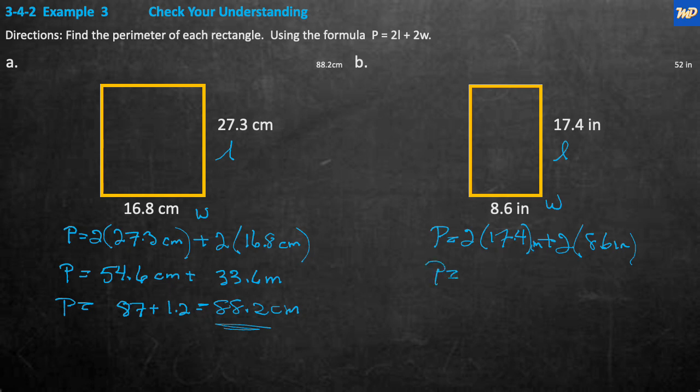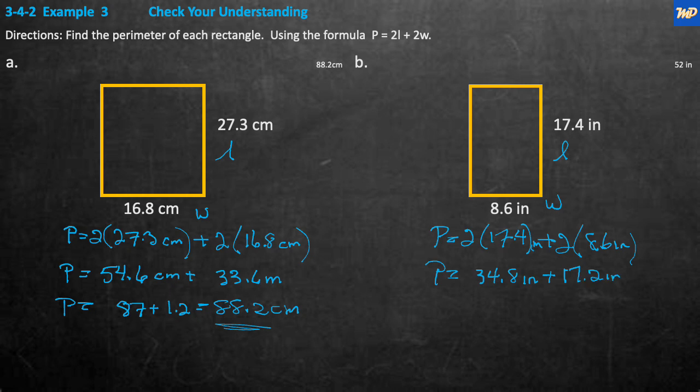P equals 2 times 17.4. 2 times 17 is 34 plus 0.8, so 34.8 inches, because 0.4 times 2 is 0.8. Plus 2 times 8.6: 2 times 8 is 16, and 0.6 times 2 is 1.2 again, so 17.2 inches.